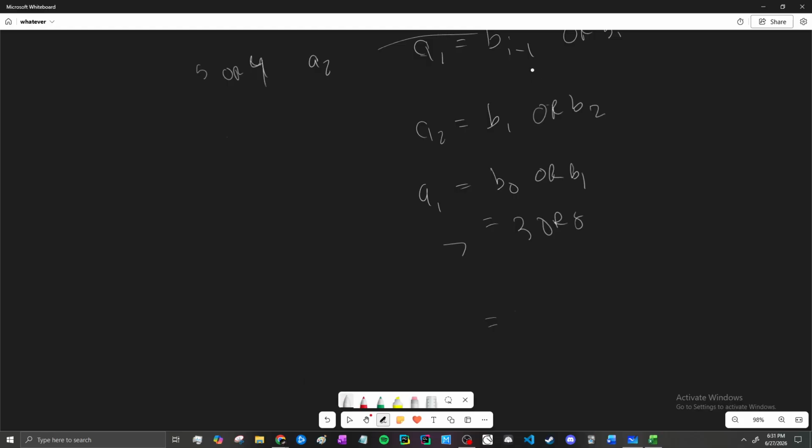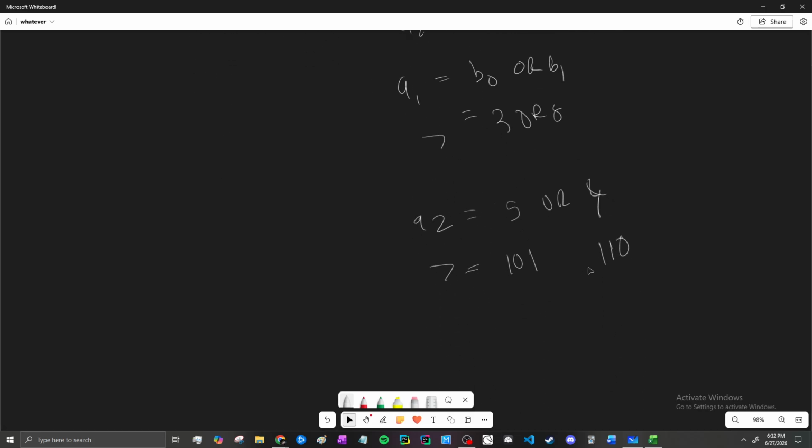But remember, we're looking at A2. So B1 here is 5 or 4. And this is 101. This is 110. And if you increase it, this is just 7.